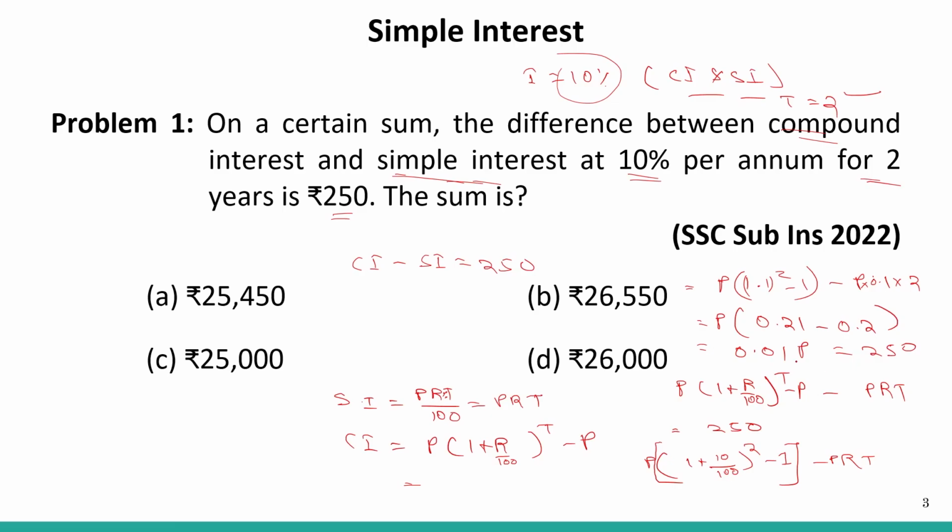So this implies that P is equal to 250 by 0.01, which is 250 into 100, nothing but 25,000. So 25,000 is option C, the only correct option here.